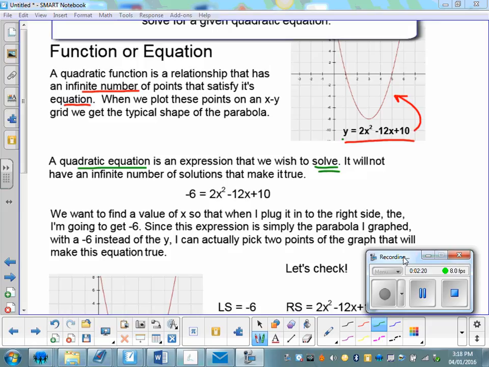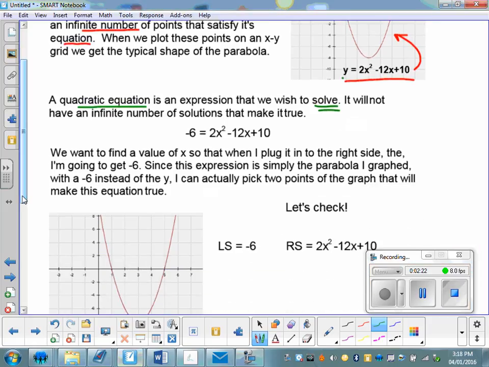So if we have that equation, we're trying to find what value or values of x we can plug in that make the right side equal to -6. Now, because we can graph that expression into a parabola, we can actually just figure out from the parabola what the answer to this equation is.